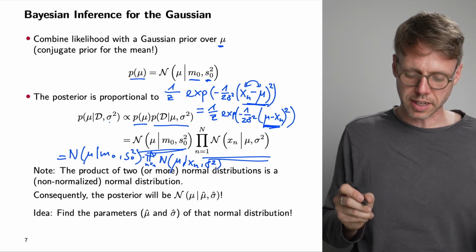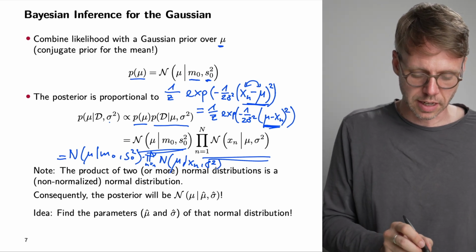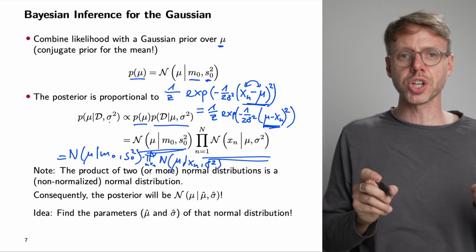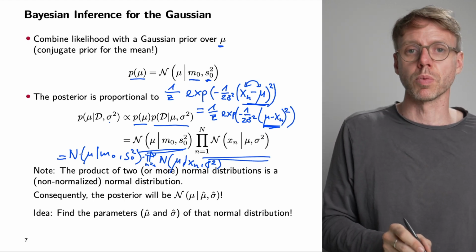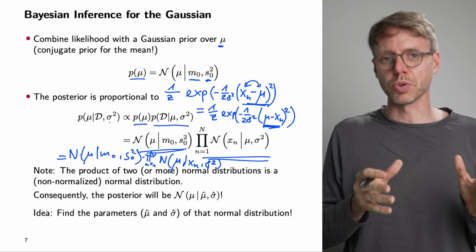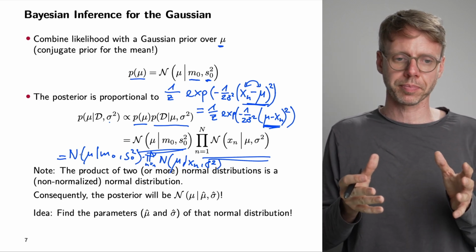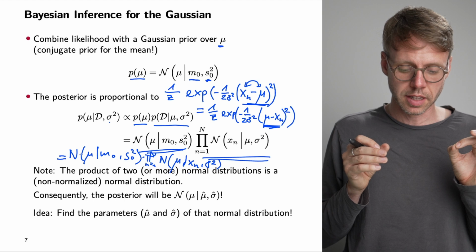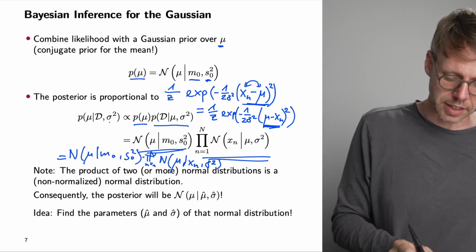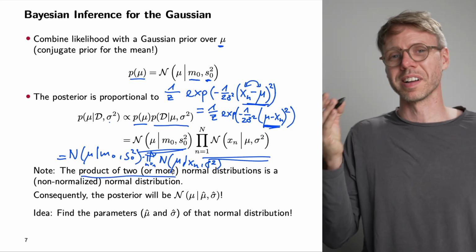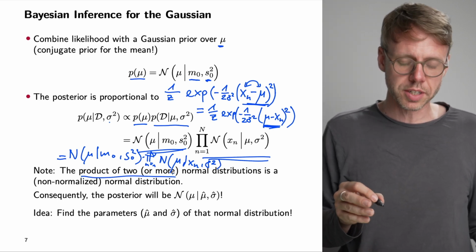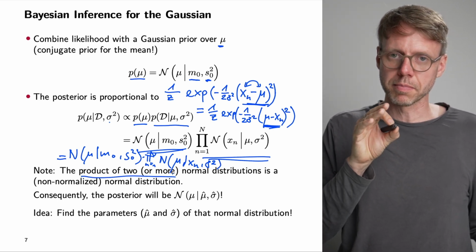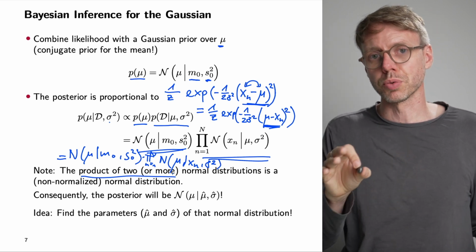Now we've done a trick. We basically have shown that the posterior is proportional to the product of n plus 1 normal distributions in mu. And the interesting thing is that the product of 2 or more, in this case n plus 1 normal distributions, will again be proportional to a normal distribution.